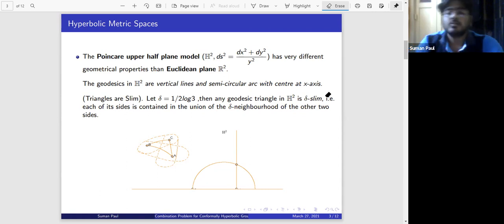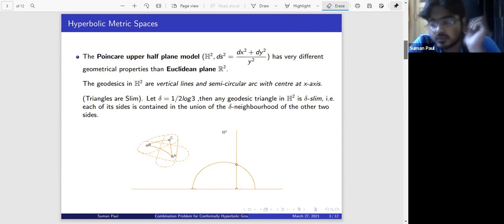Now what we do is impose these properties of H2 on a general metric space.